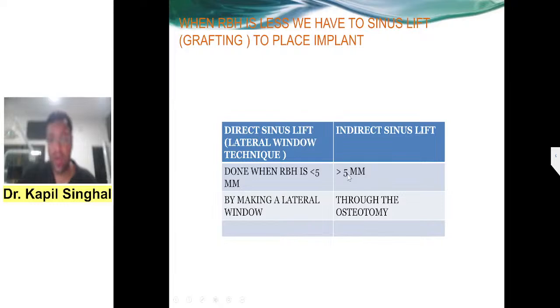But if the bone height or RBH is more than 5 mm, then we can do an indirect sinus lift. Indirect sinus lift is a procedure in which we do a sinus lift through the osteotomy, put the graft through the osteotomy and place the implant.